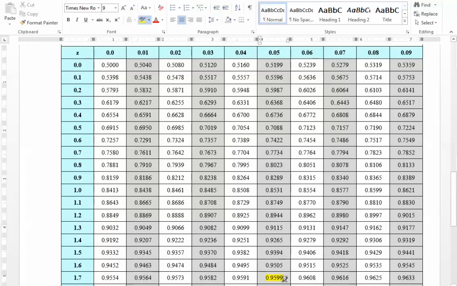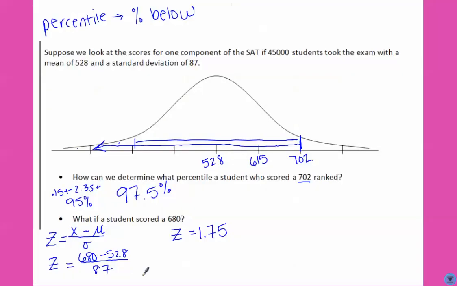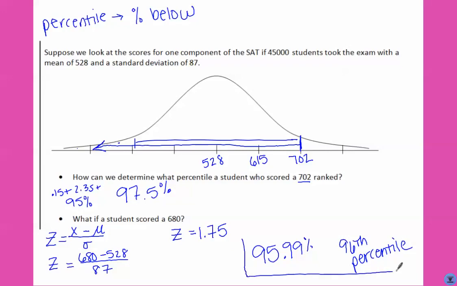So that is our percent, except they write it in decimal form. So we need to multiply this by 100, which would be 95.99, which would be the 96th percentile. And what that means is that somebody who got a 680 scored better than 96% of the other students, which is pretty good.